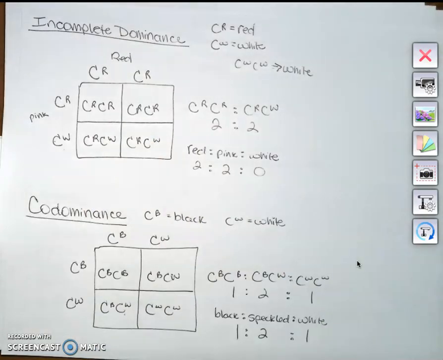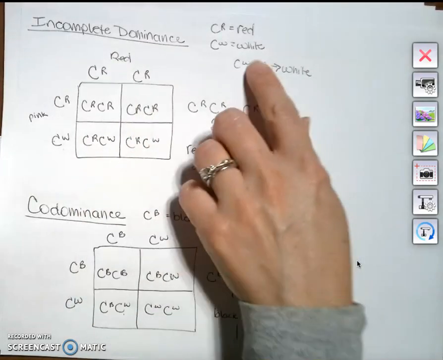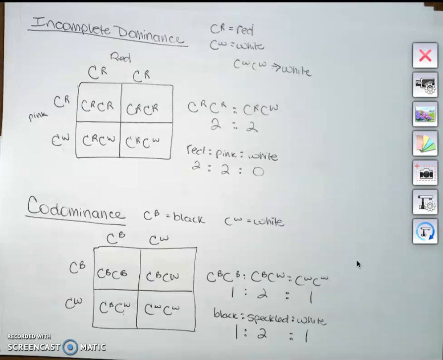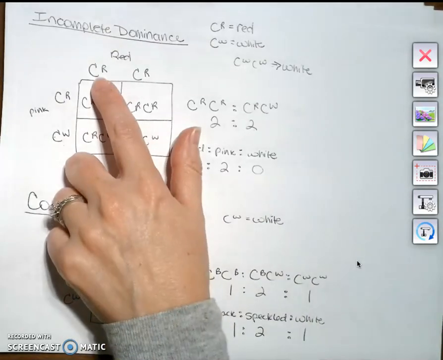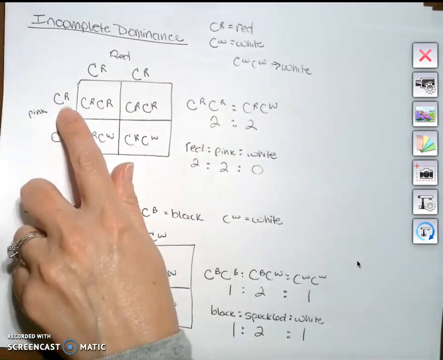So the first thing is I can define it, and the second is I can model it. And for this, modeling is doing a Punnett square. So what you should be able to do is, if they say one parent's red and one parent's pink, then you should know, okay, the only option for red is two red genes, and the only option for pink is a red and a white.